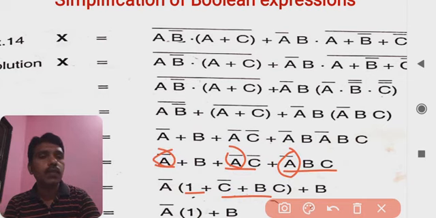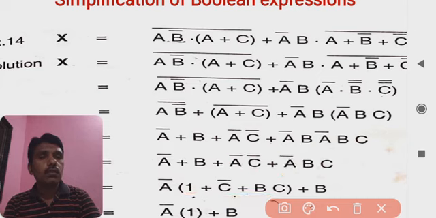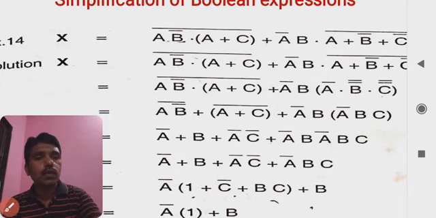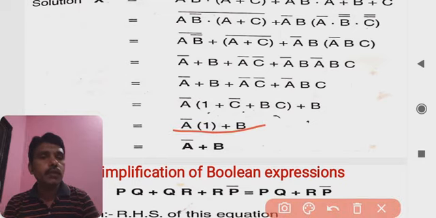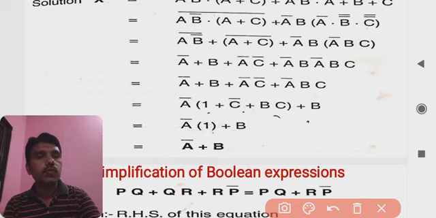But 1 plus everything will again become 1. So we will have a complement and 1, or b, so the remaining value is a complement or b. This is the simplification.